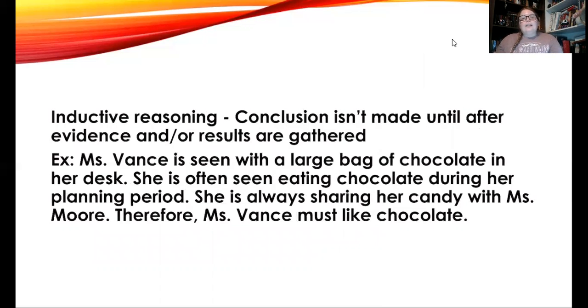So inductive reasoning is kind of the opposite. This is where we aren't making any conclusions or answers to our problem until after we've gathered information and gotten our results. So for this one, if you wanted to know if Miss Vance liked chocolate, you might say, well, I saw that she has chocolate in her desk.